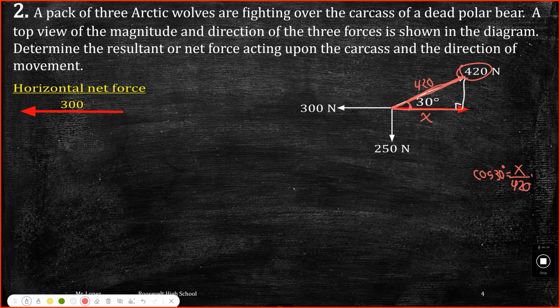Multiply both sides by 420. Now we got x equals 420 cosine 30. So go ahead and get your calculators and get what is 420 times cosine 30. Cosine 30 is root 3 over 2, so let's get approximately, what is it?